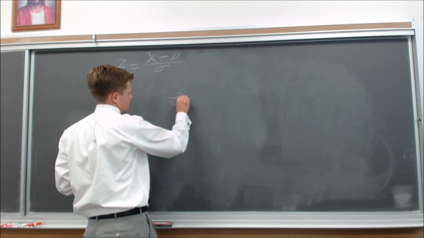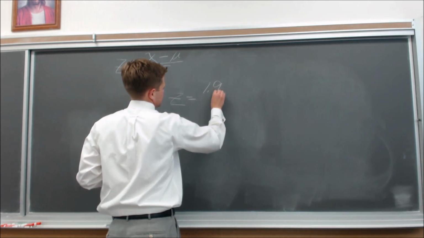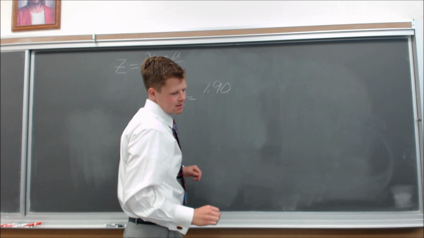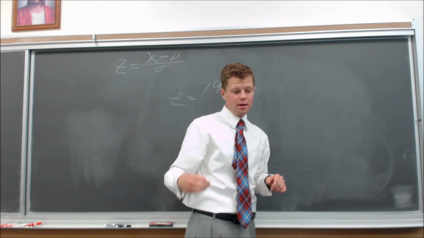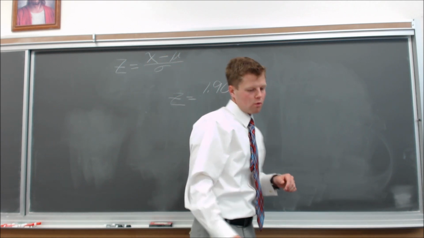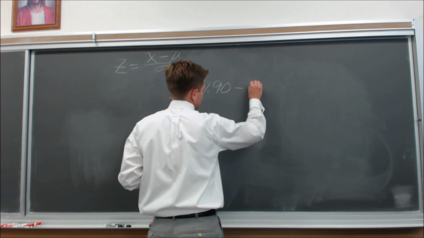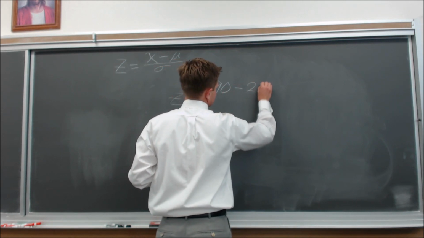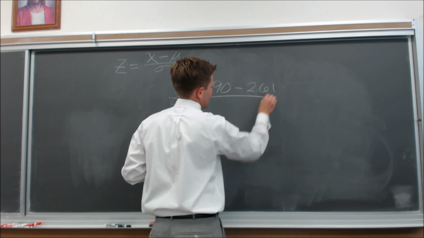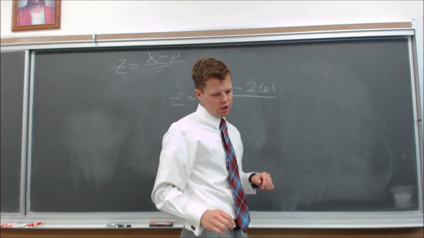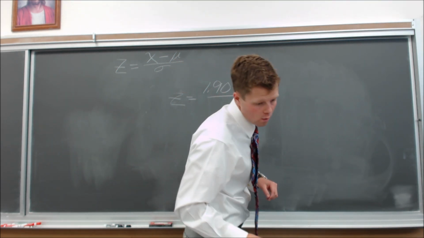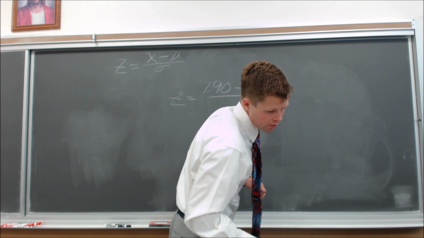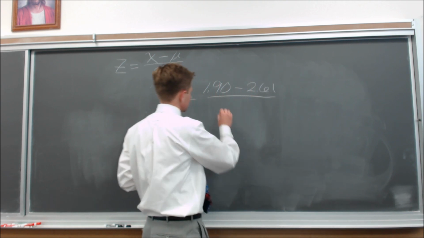Okay, so we're going to check this out by plugging in 0.190 minus the population average, which is 0.261, divided by the standard deviation, which is 0.034.